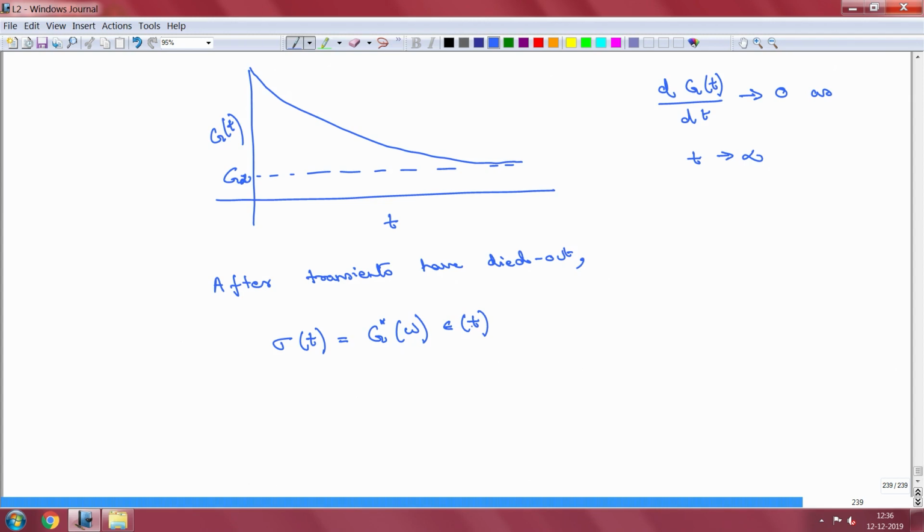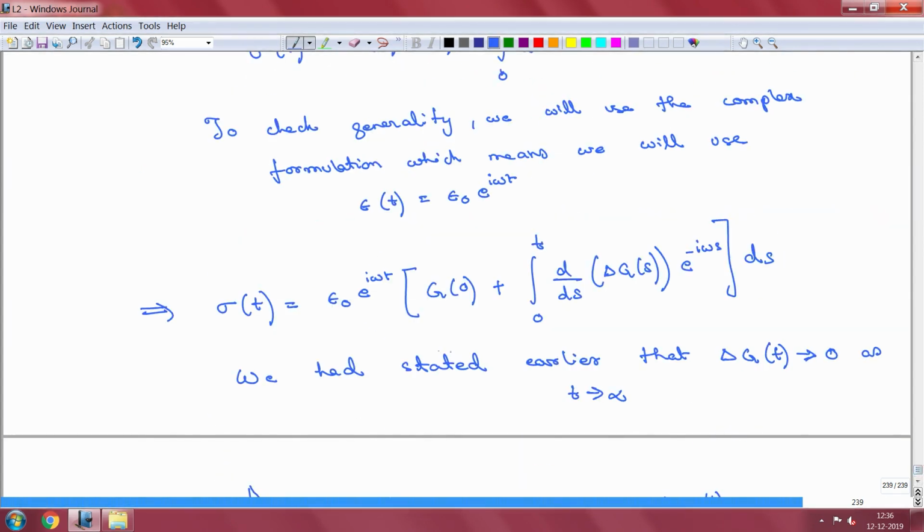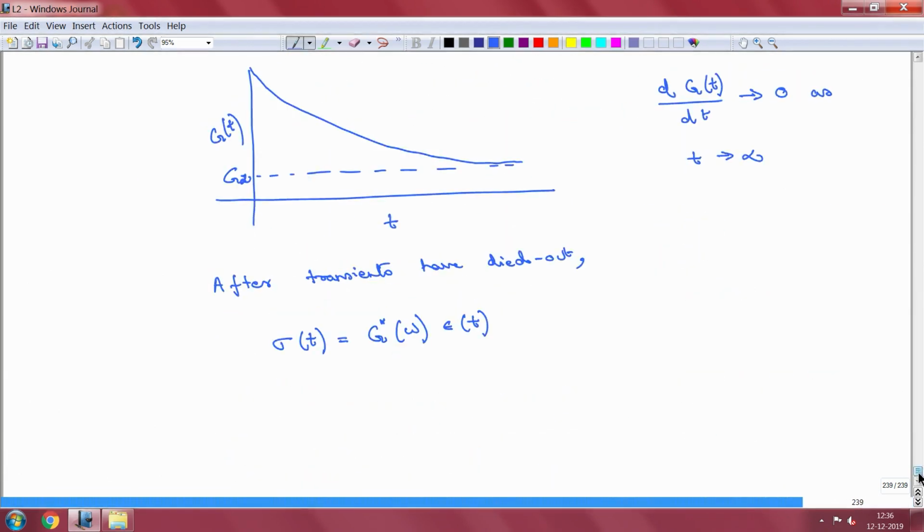So, basically what we are saying is that this g star is equivalent to this particular form right over here, such that the integration is now going to be performed over 0 to infinity. This is, by the way, very similar to the formulation we had performed in the class. Okay.